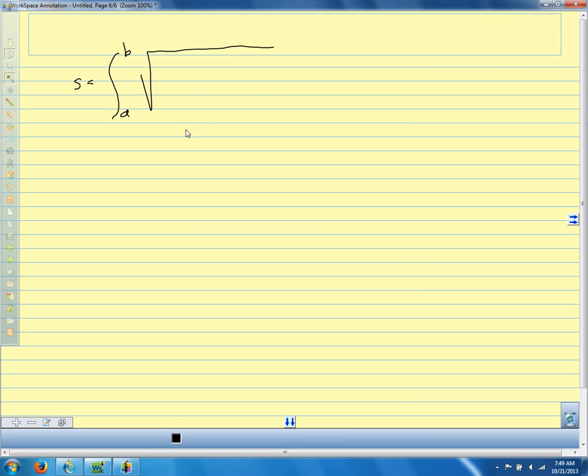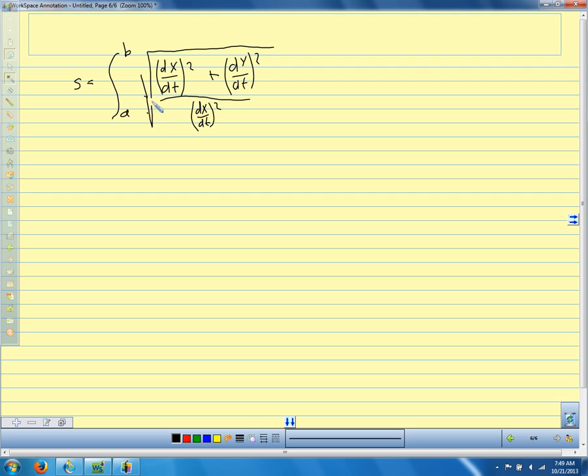So my radical becomes dx dt squared plus dy dt squared over dx dt squared. And I'm going to bring this down to make sure we know it's still inside the radical. And then out here I have dx dt times dt.